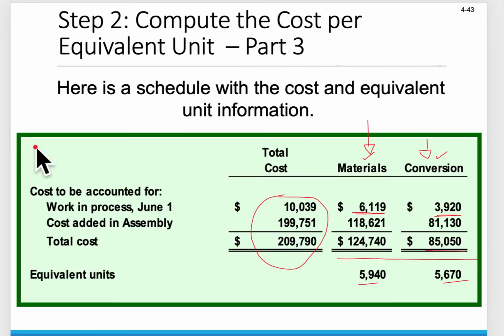They were given to us, right? Well, we actually calculated them out. No, they were given to us, excuse me.